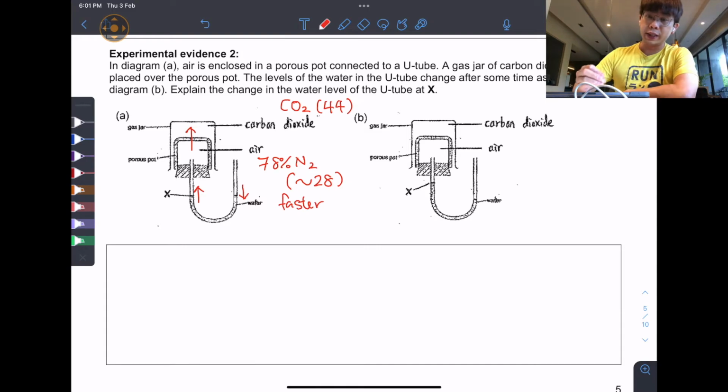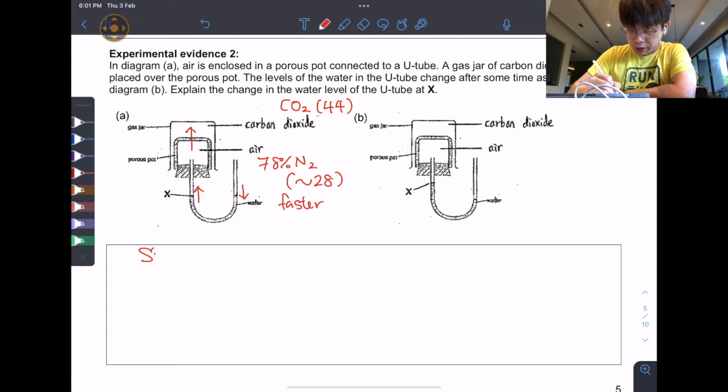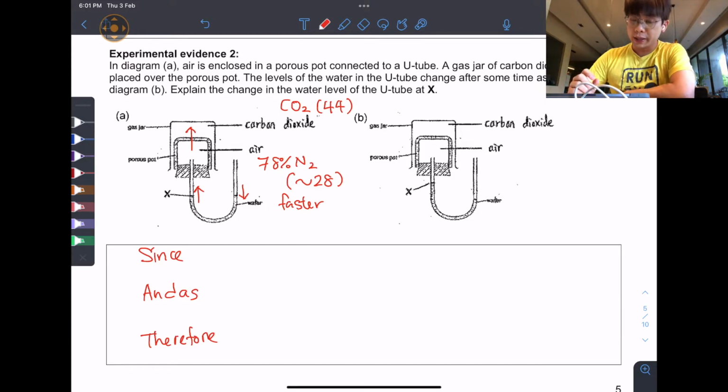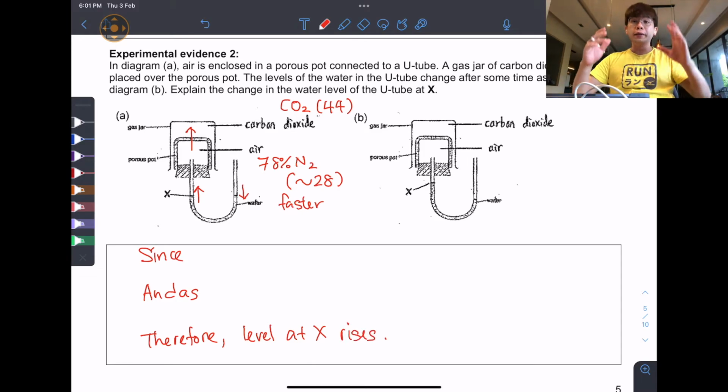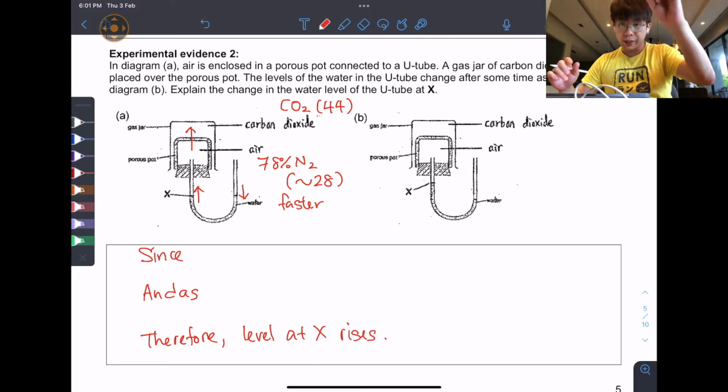Okay, so let's write this explanation. Same thing, let's start with our scaffolds. Since, and as, and therefore. So therefore is what we are trying to explain. And in this question, we are trying to explain that the level at X rises. So why does the level at X rise?